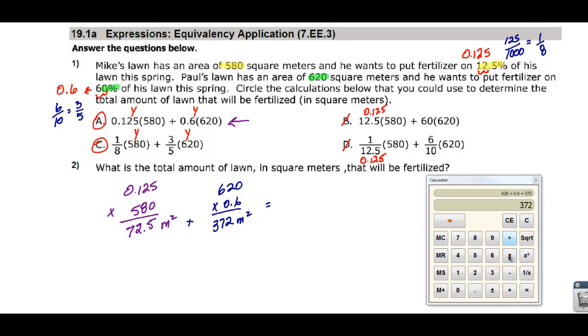And I have my 372 in the calculator already. I will add the 72.5, and I get 444.5 meters squared. That is the amount of lawn that will be fertilized.